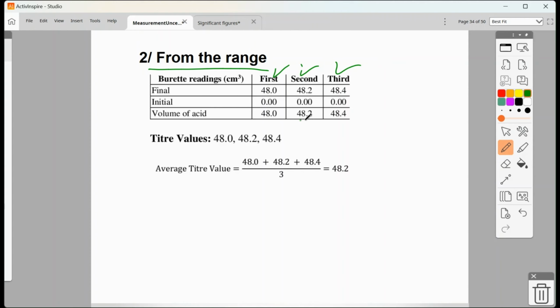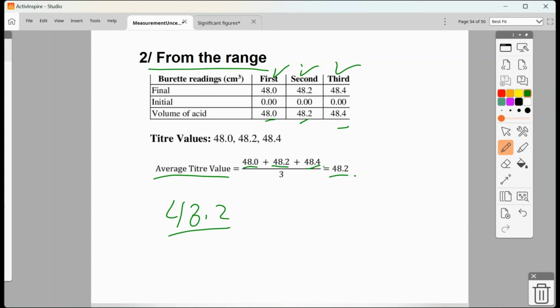First we have to find the measured value. We find it by the average. We add up the titer volumes, 48.0 plus 48.2 plus 48.4, and because there are three values, divide by 3. This is our measured value, 48.2.